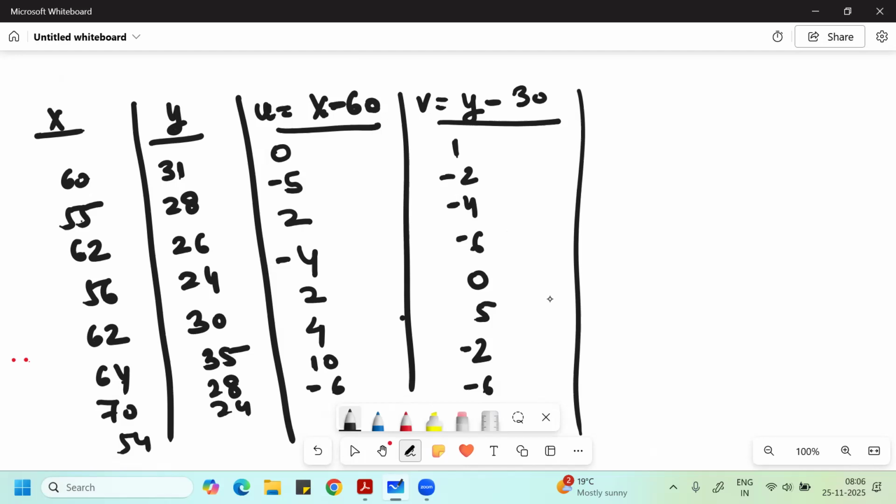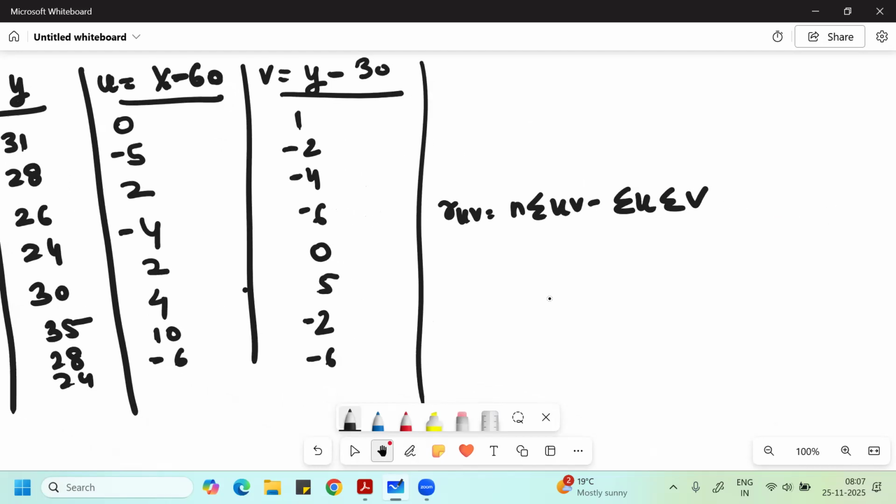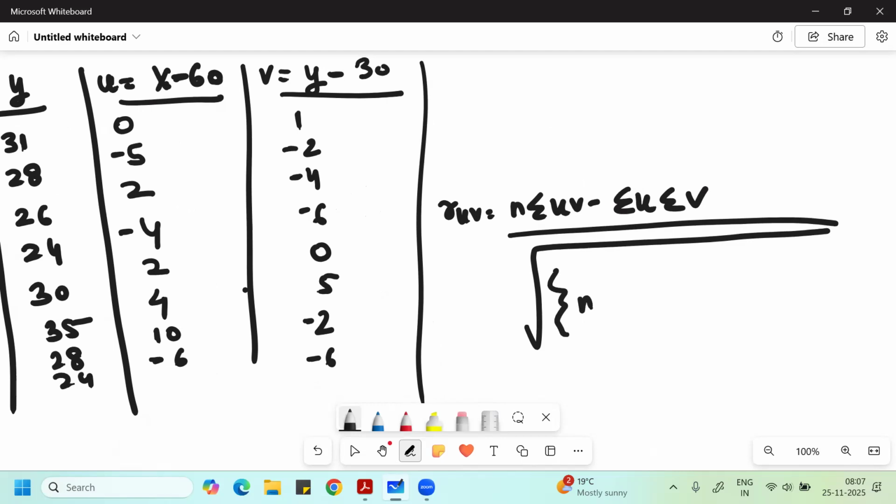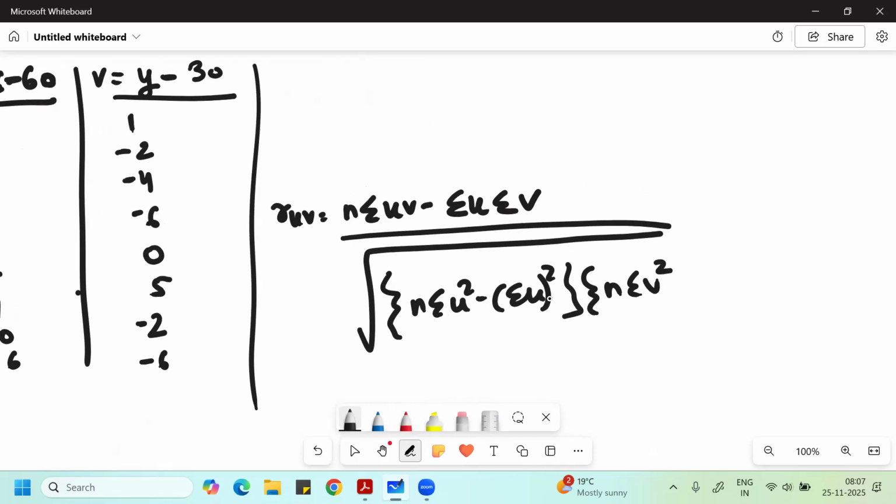And if I find r of uv by using the formula, r of uv is n summation of uv minus summation of u into summation of v, divided by the square root of n summation of u square minus (summation of u) whole square, and n summation of v square minus (summation of v) whole square.